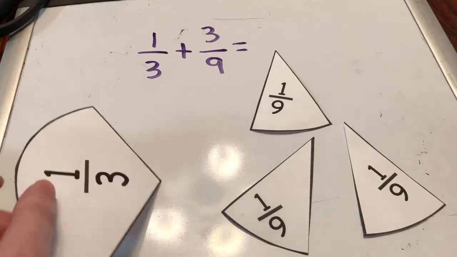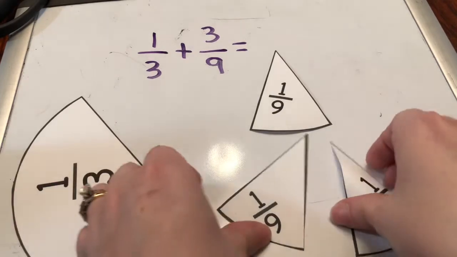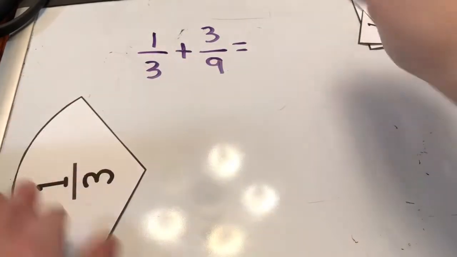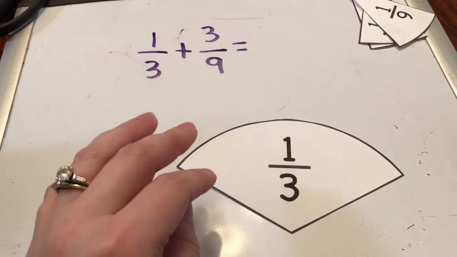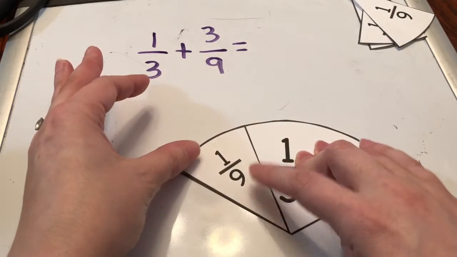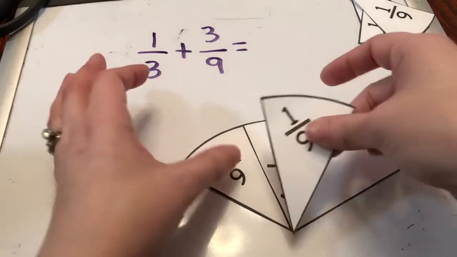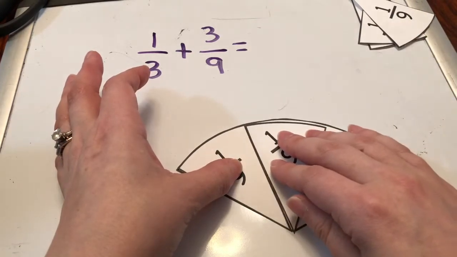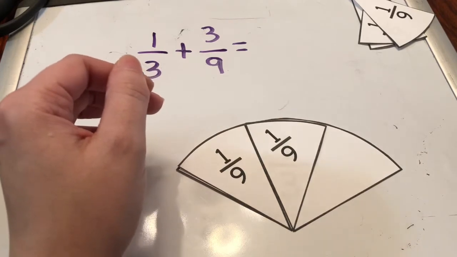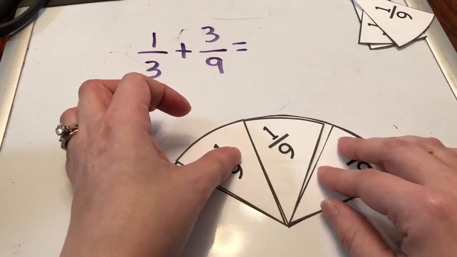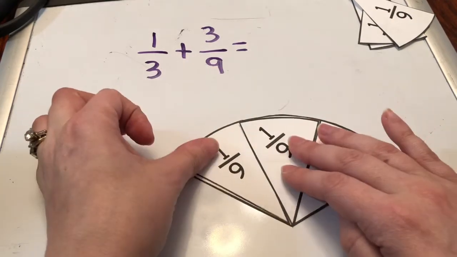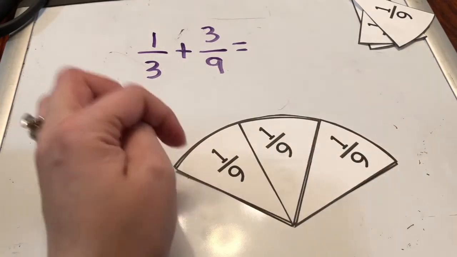So let's see how many 9ths will fit on our 1/3. I'm going to move these off to the side for now. We'll bring them back when we add. Let's see. 1, 2, 3. 3/9 takes up the same amount of space as 1/3.